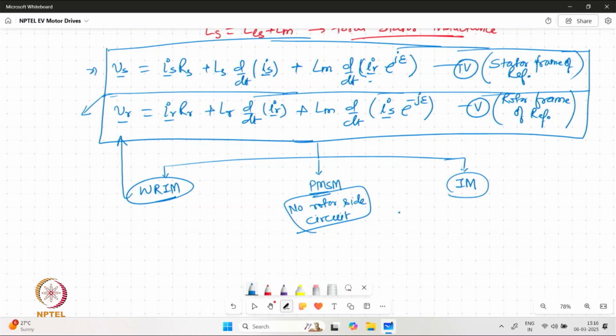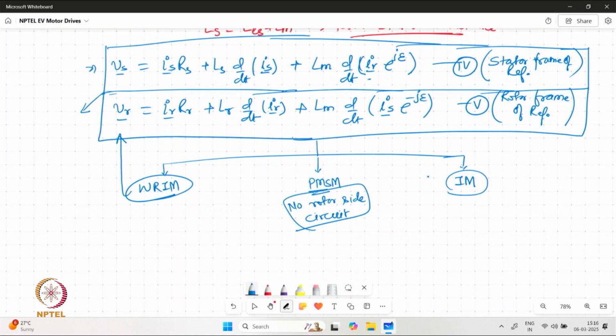Similarly, when we have induction motor, particularly the squirrel cage induction machine, we are saying that we have rotor bars placed instead of winding.